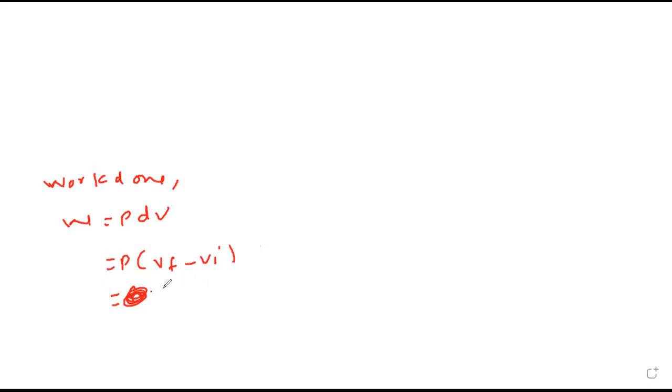Yes. So this can be written as nR into T final minus T initial. So either you write it in volume or in temperature. Work done is P into V final minus V initial, or nR into T final minus T initial.